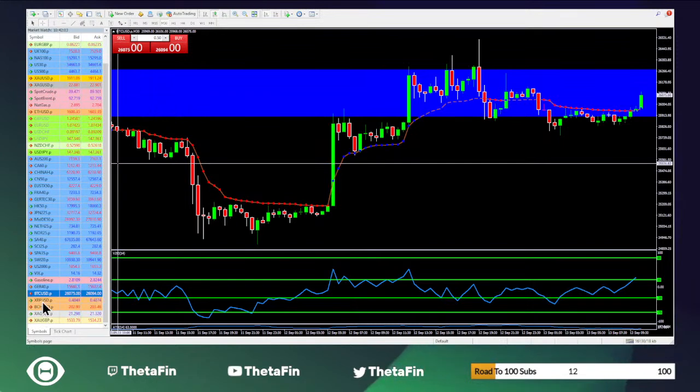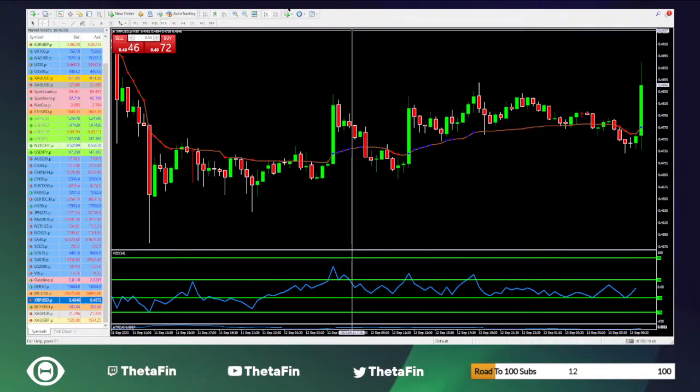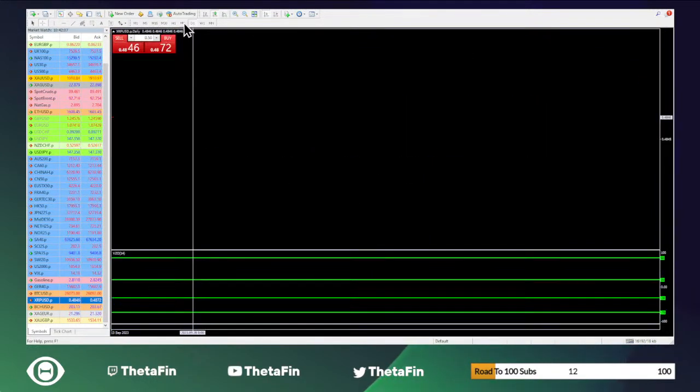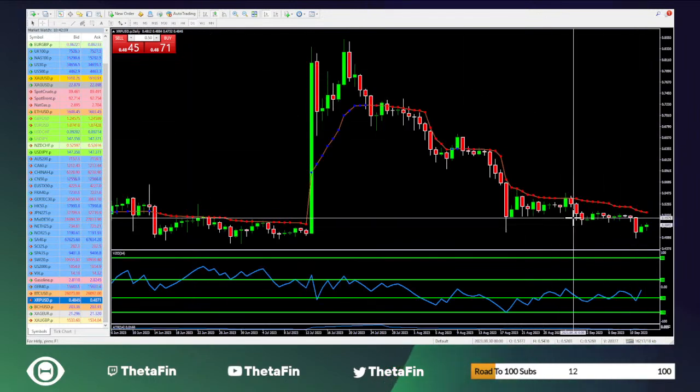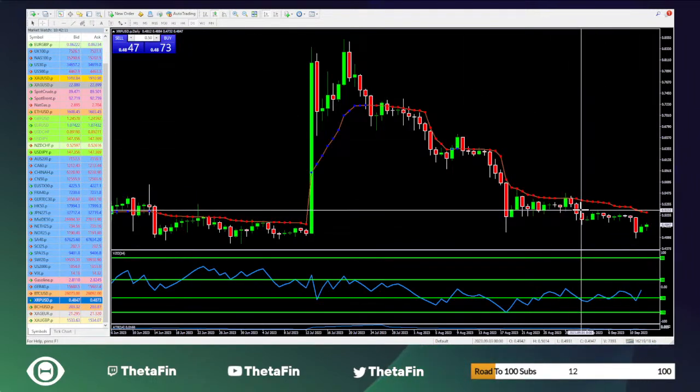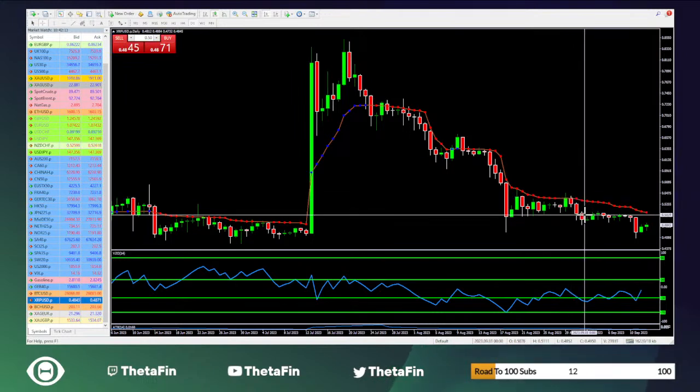Let me put something like XRP onto the chart and see what that's doing. Again, using the same principles, we can see that XRP as well is currently in a downtrend, in bearish market conditions.